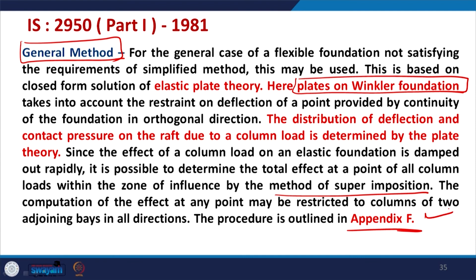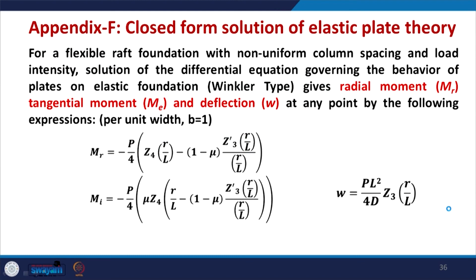Now, let us see what appendix F is. Appendix F gives the closed form solution of elastic plate theory. For a flexible raft foundation with non-uniform column spacing, where the spacing is not uniform, you can also use the general method, and the load intensity is not uniform.